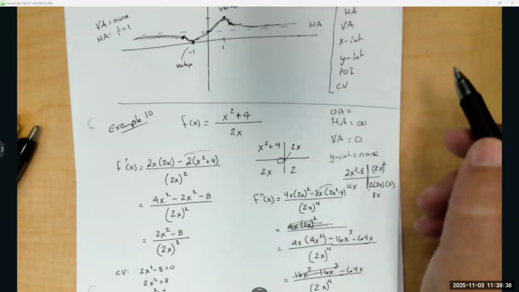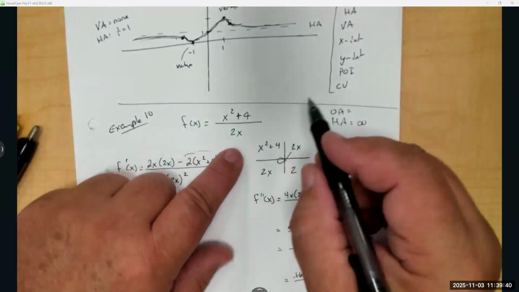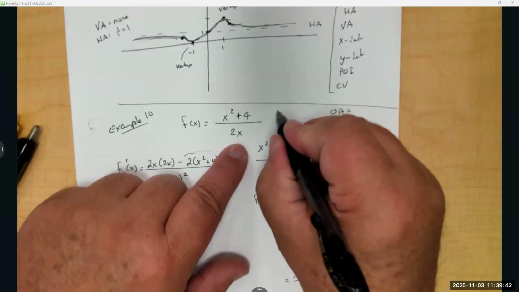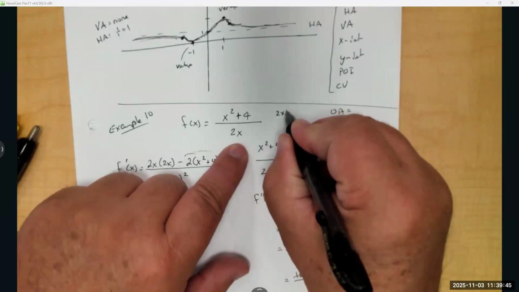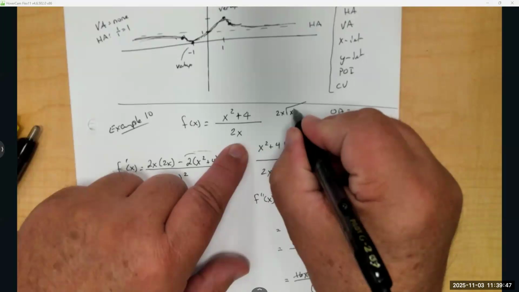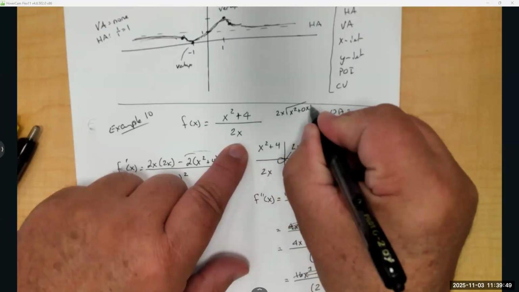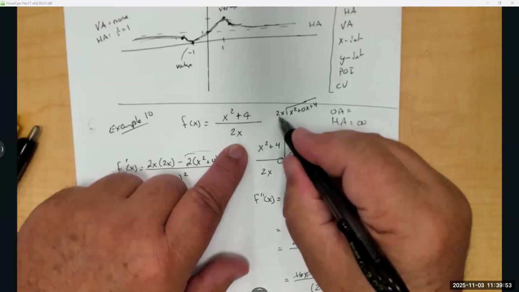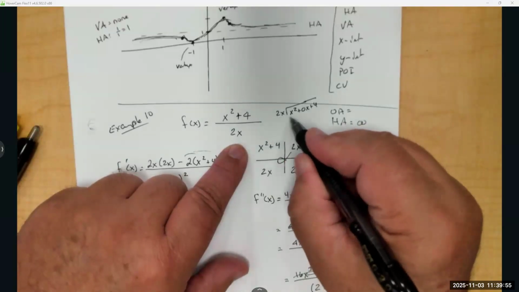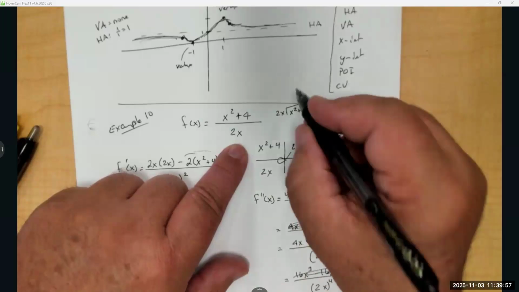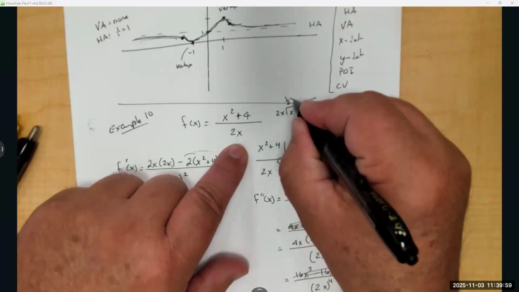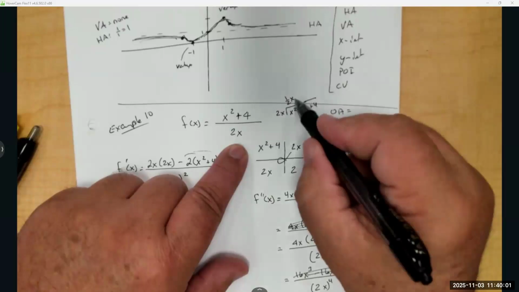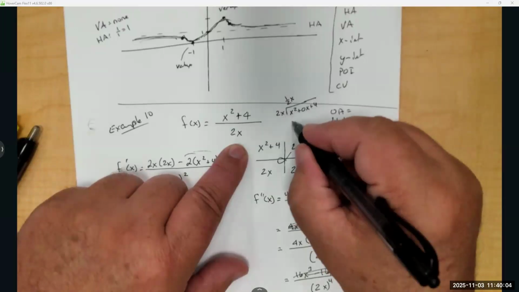It's a slant asymptote. The way we figure it out is we do long division, x squared plus 0x plus 4. So what times 2x gives me x squared? 1/2 x. 1/2 x times 2x gives me x squared.